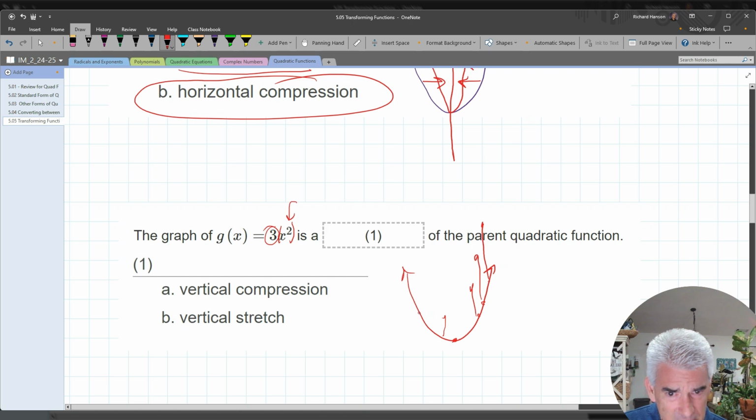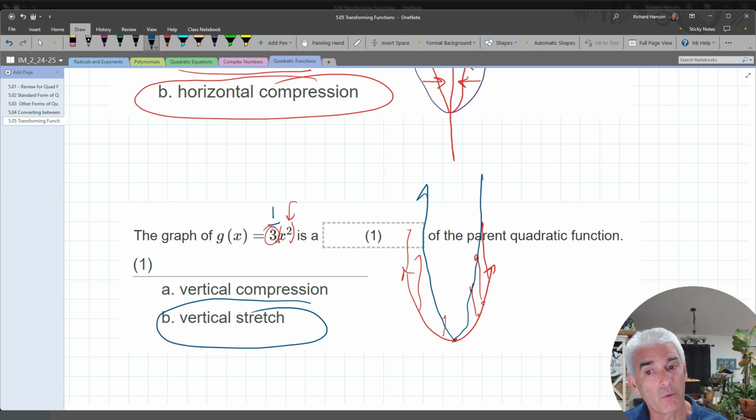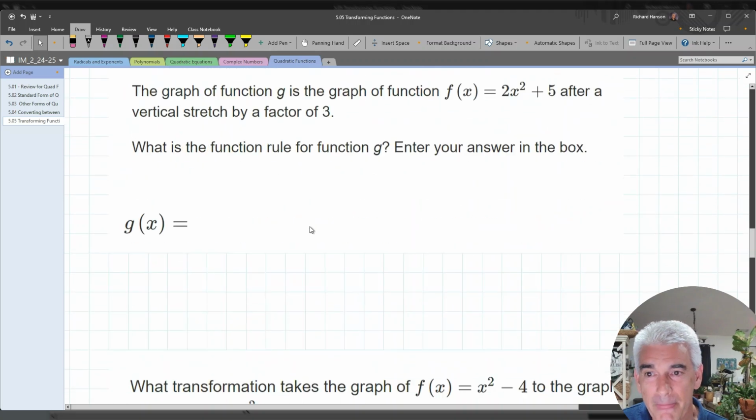What it causes is a really steep parabola. Okay, this would be a vertical stretch. If it was 1/3, some fraction there, take every y coordinate and multiply it by 1/3, that would be a vertical compression. And multiplying by a negative would cause a flip.